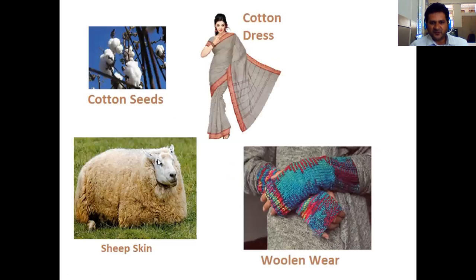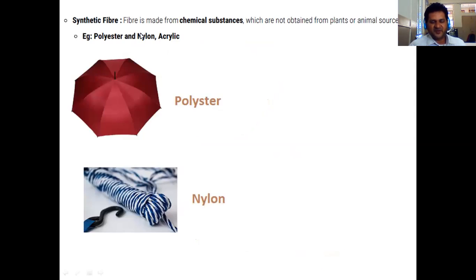These are different cotton dresses, once they are processed and the dress made. This is wool, which we obtain from sheep skin, and we make woolen sweaters, etc. Now what is synthetic fiber? Synthetic fiber, as I told you already, we obtain from industry. It is synthesized or obtained artificially.